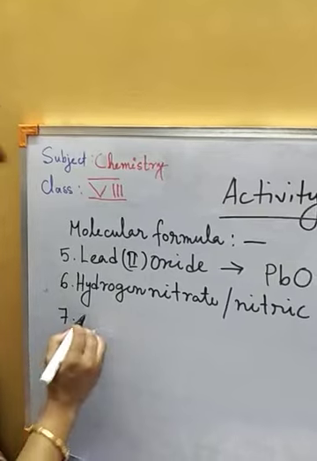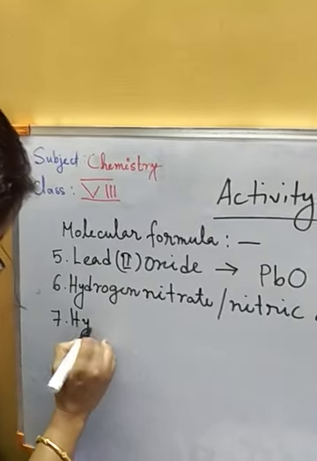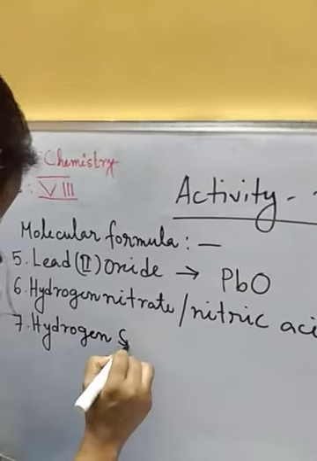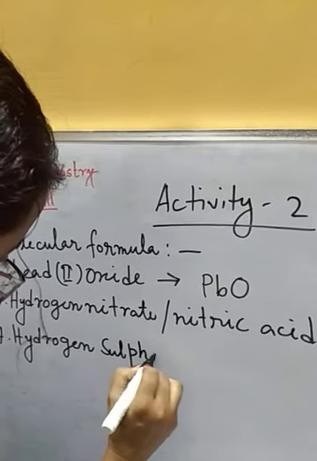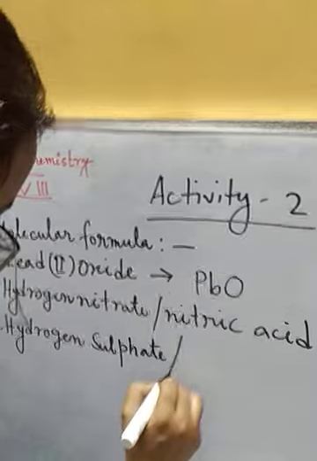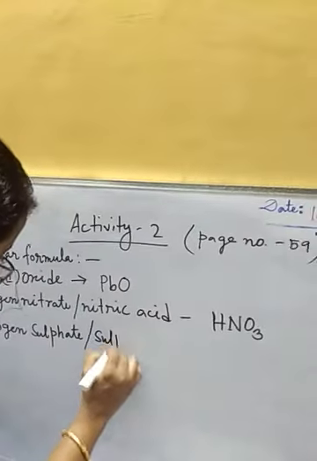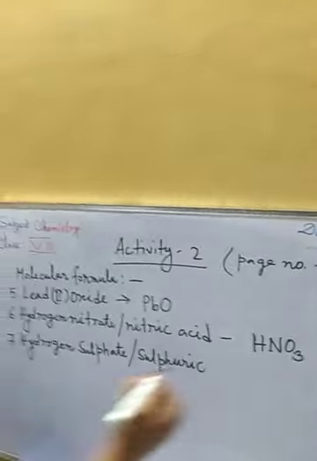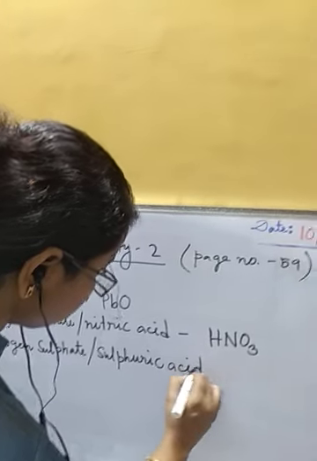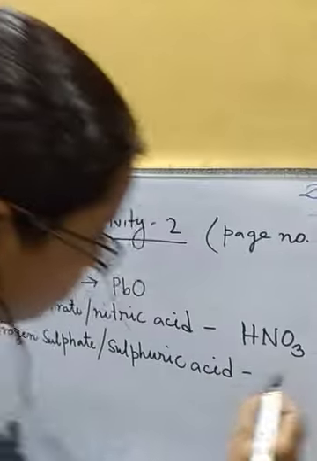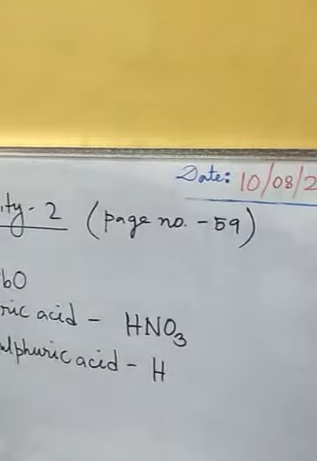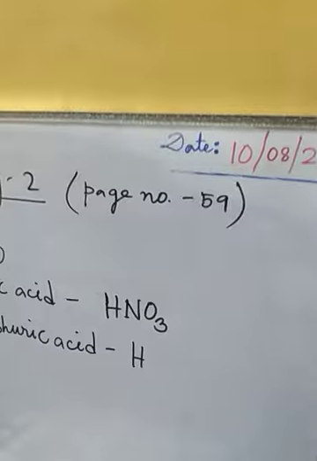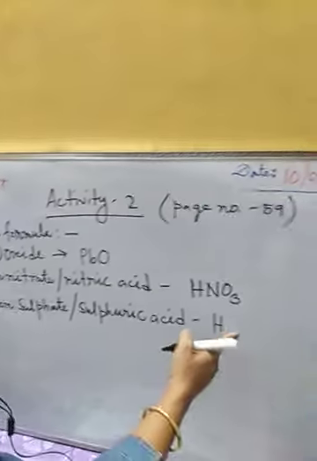Next, number 7, hydrogen sulfate, or this is called sulfuric acid. So sulfate is SO4 2 minus. That means sulfate's valency is 2 and hydrogen's valency is 1.